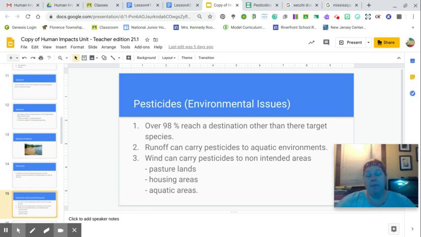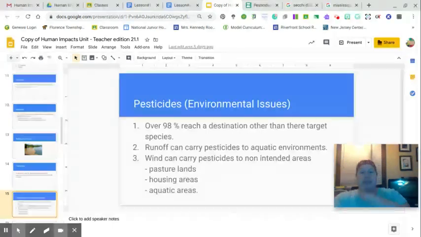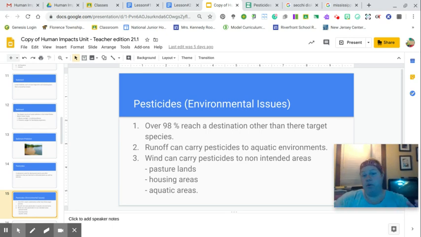That's one example. Or perhaps if you are trying to get rid of a specific type of worm, then you are using a pesticide that kills the worms. Wonderful. But it also will affect birds that are eating those worms or any other organism that might be in that area. So that's just like the surface layer of the food crop.